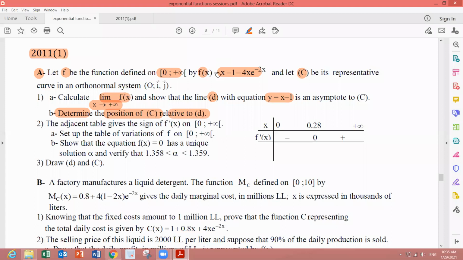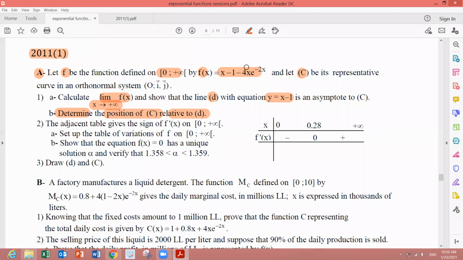I find f(x) minus y_D. إذا عملنا f(x) minus y_D, what remains? Minus 4x e power minus 2x. بيضل في هيدا بس البارت. Minus 4x e power minus 2x. كيف نعمل له الساين لهيدا؟ What is the sign of minus 4x e power minus 2x? Less than 0.